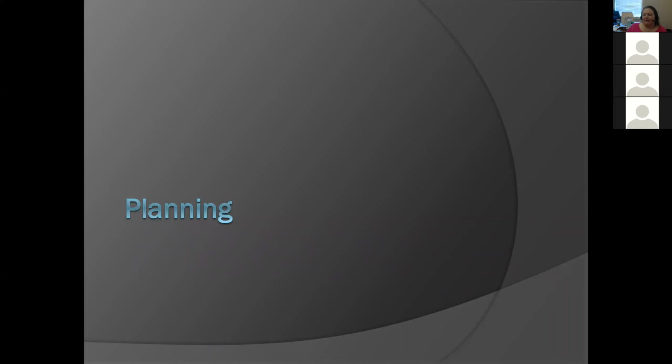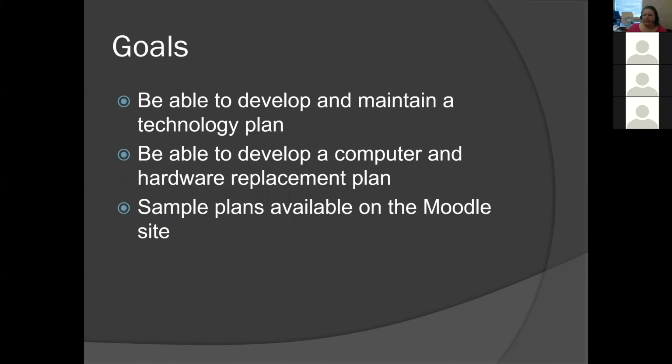Okay, we're going to finish up, I believe, with planning and talk about how to plan for your technology needs. So what I want you to be able to do is develop and maintain a technology plan. For a lot of the state standards, a technology plan is required.